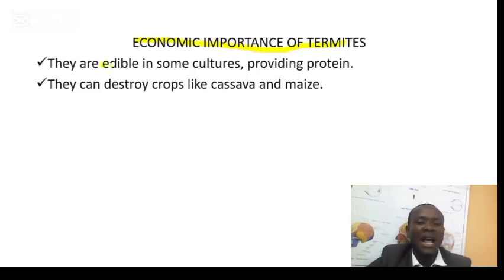One, they are edible in some cultures. Not all, but some people eat them. Since they are animals, they provide protein. To make it very short, just say they provide protein or they are proteinous. That is one of their economic importance.